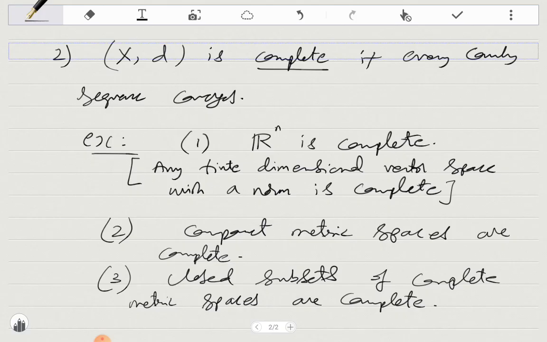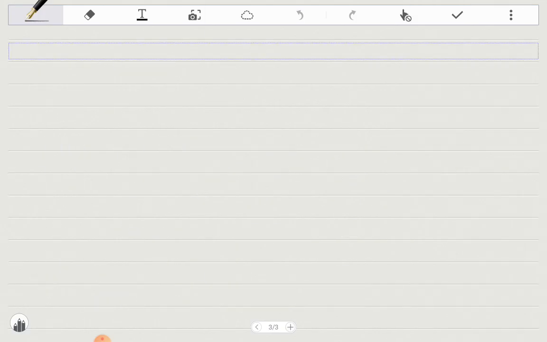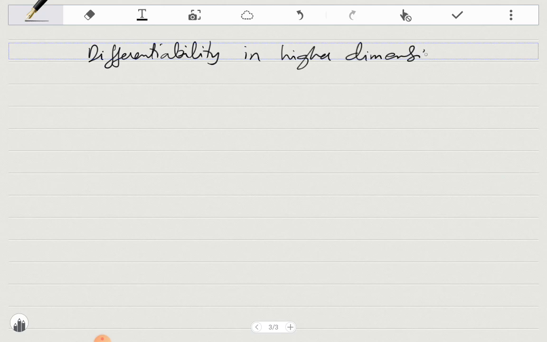Right. Now, let's begin. The course formally begins at this point actually. So, differentiability in higher dimensions.